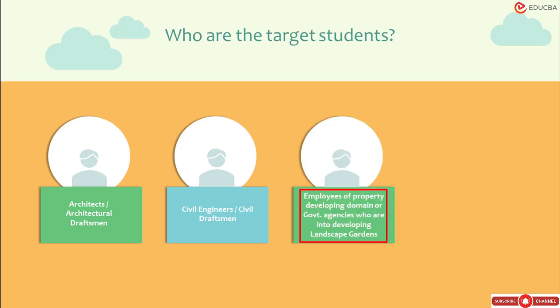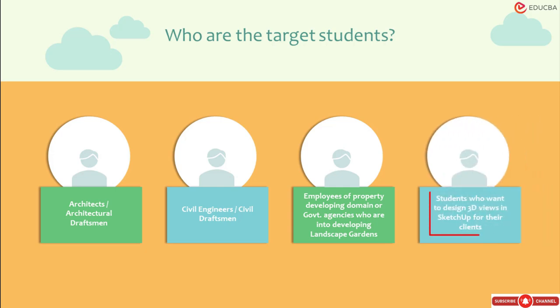Employees of property developing domains or government agencies who are into developing landscape gardens. Some property developers are also adopting 3D views of landscape gardens made with SketchUp software, and some government agencies also use SketchUp to design the 3D view of landscape gardens. So students of architecture, civil engineering and property development also use SketchUp to design the 3D view of landscape gardens. Then there are students who want to design the 3D view in SketchUp for their client.